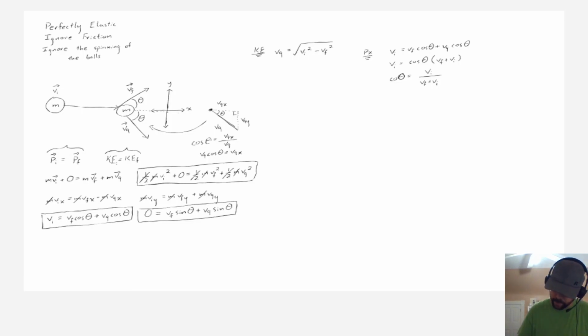Yeah, so we have momentum in the y direction, and this is 0 equals velocity final sine of theta plus v9 sine of theta.